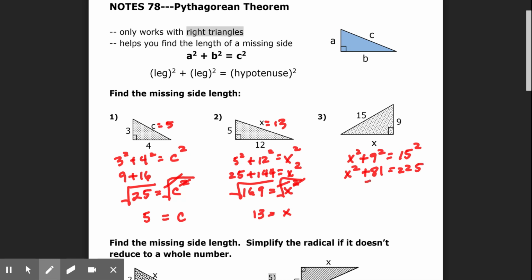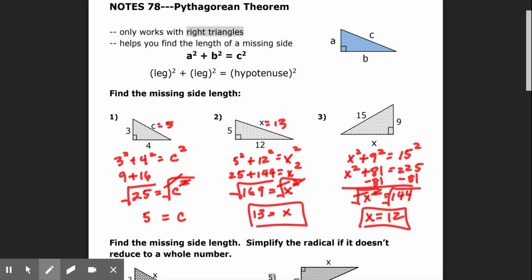This one, we're going to subtract because we have to get x squared by itself. So we're going to have x squared equals 144. Take the square root. Square and square root cancel out. The square root of 144 is 12. So x equals 12, which is a leg, so it has to be shorter than the hypotenuse.